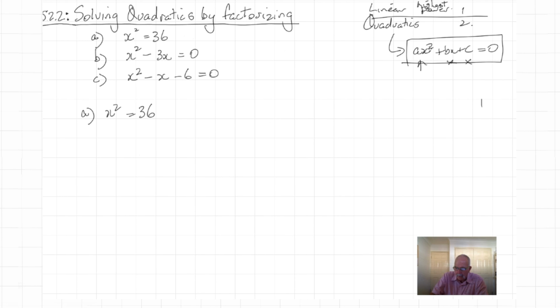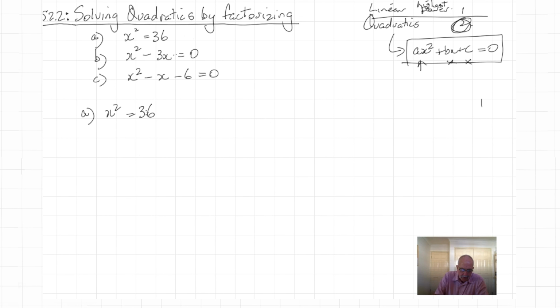As long as you've got something with x squared, or the variable to the power of 2, that's our definition of a quadratic. So here we've got c is equal to 0, in this B example, and here we've got all three, so that fulfills the general one. But this is still a quadratic.